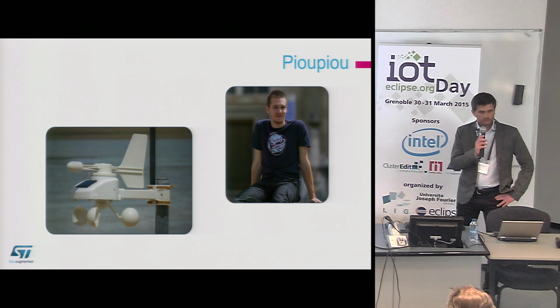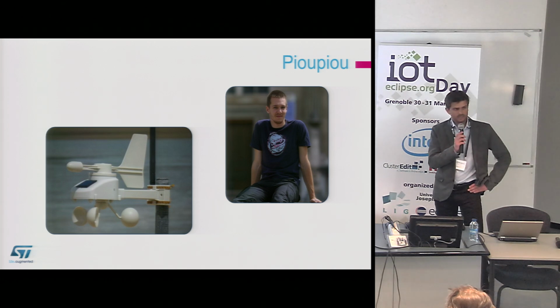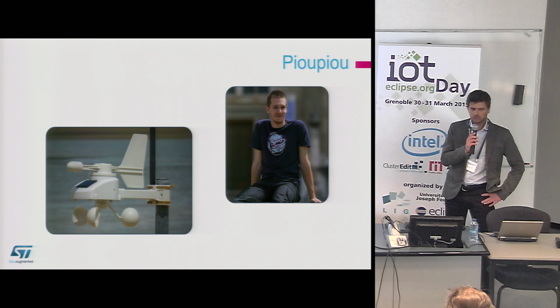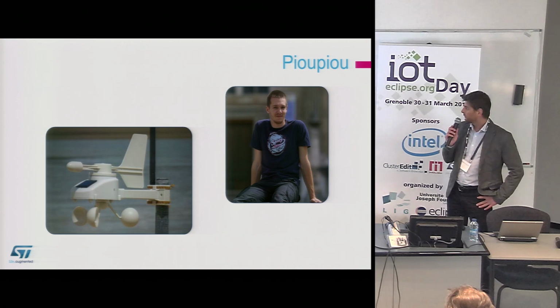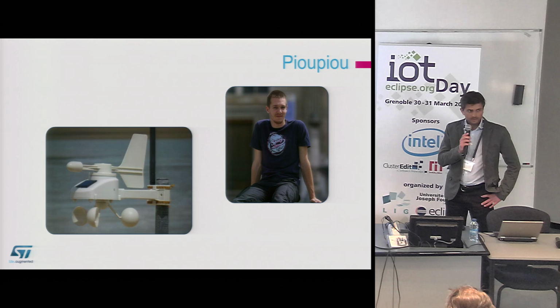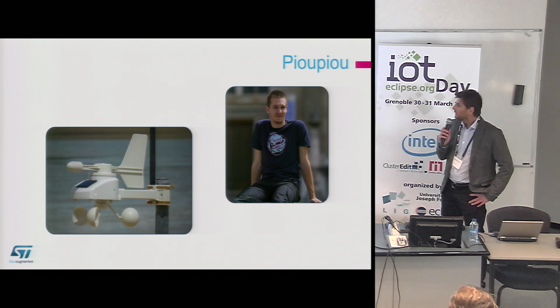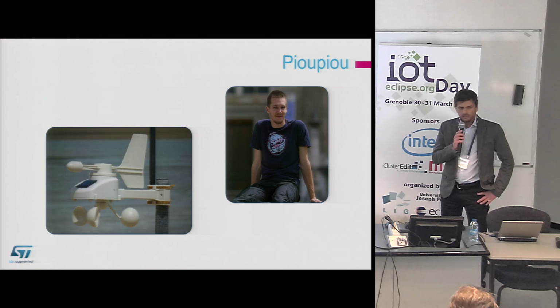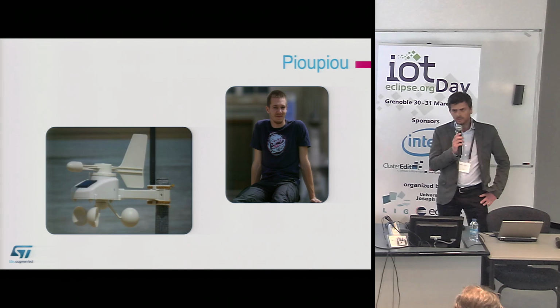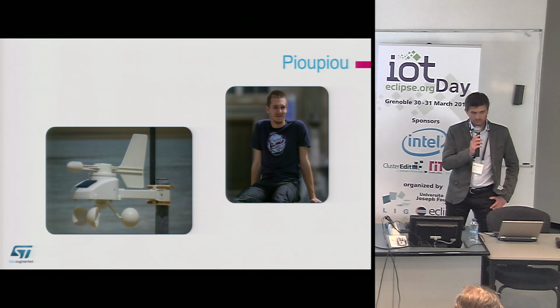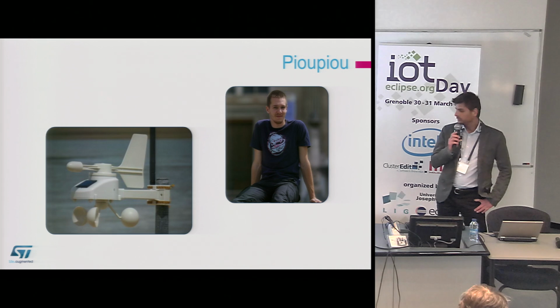He was missing something to know exactly what the wind and weather conditions were for the sports he liked. So he decided, taking the available technology, to develop something new: a low-cost weather station that is connected and shares all the information with other people from his community.